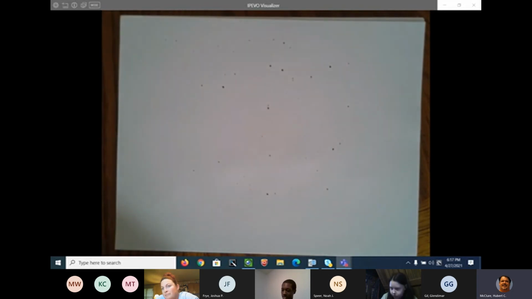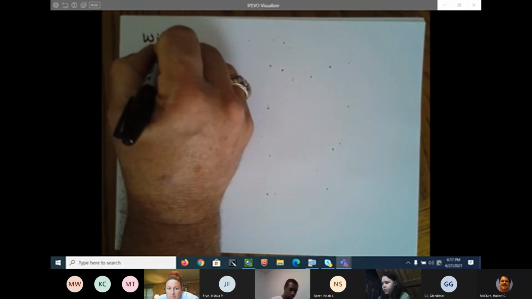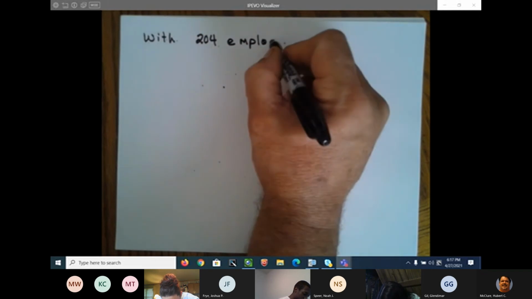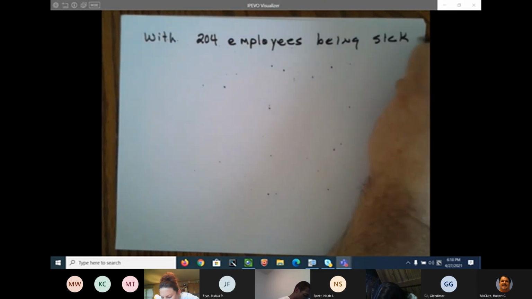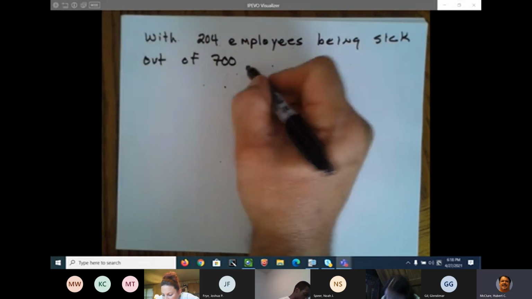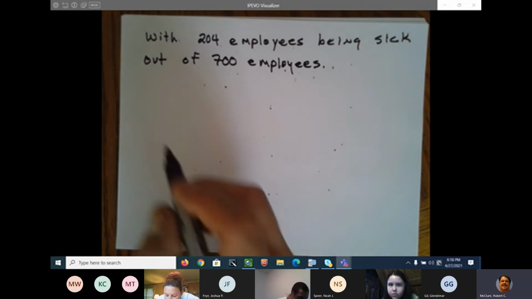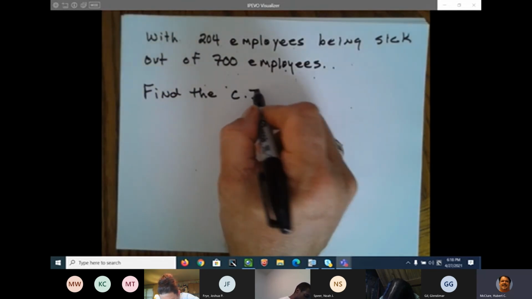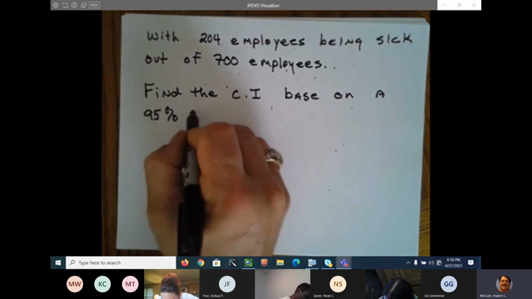So here's an example. With 204 employees being sick out of 700 employees, find the confidence interval based on a 95% confidence level.